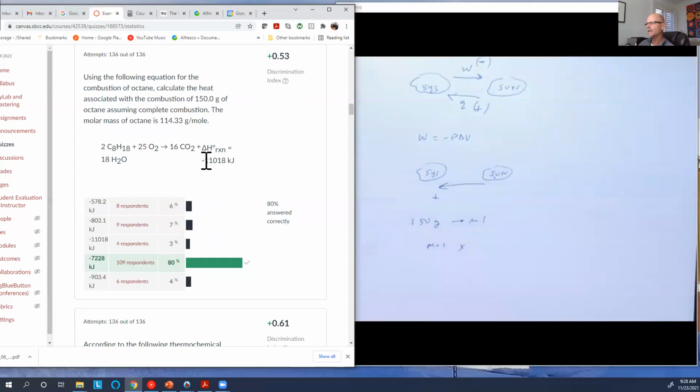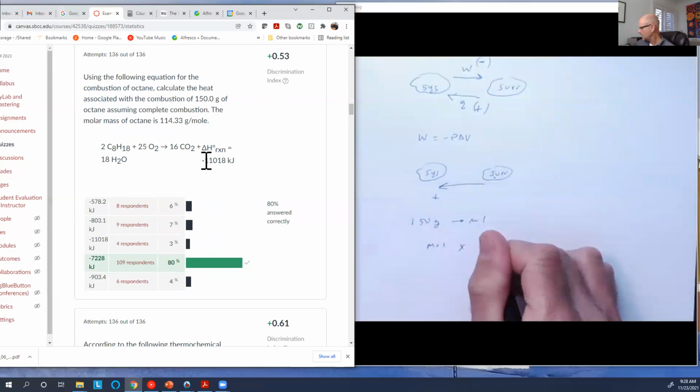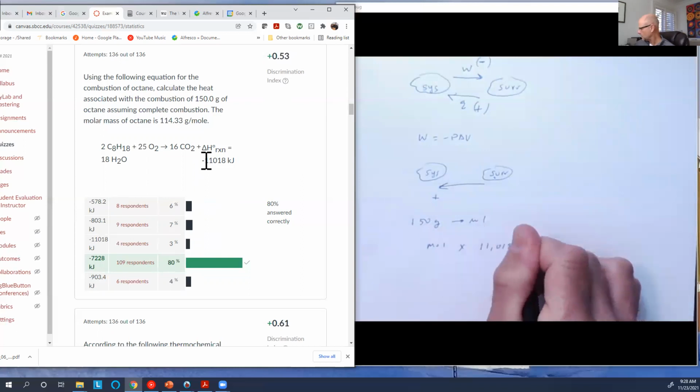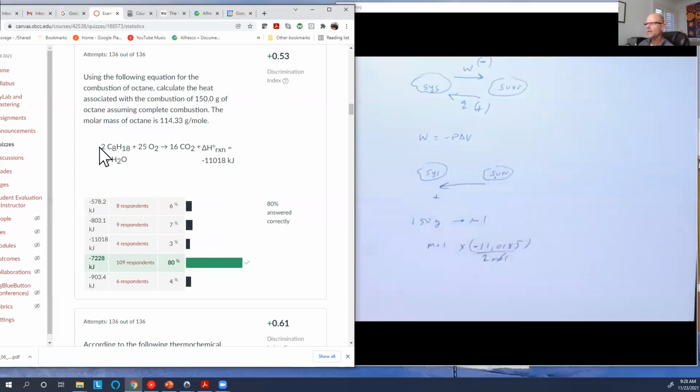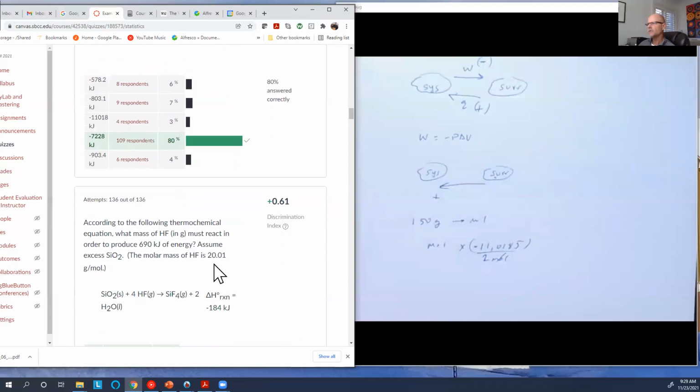You know that you get negative 11,018 joules per, sorry, not per 1 mole, per 2 moles, and that's because of that 2 right here. Once you do that, you'll get minus 7228 kilojoules. Again, nice job. Most of you got that.